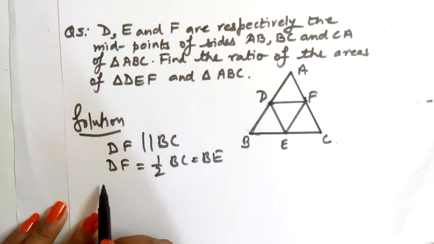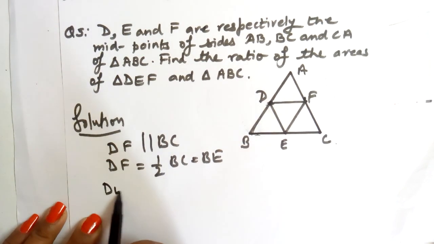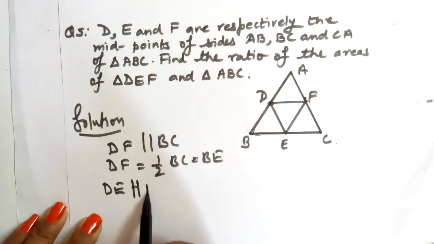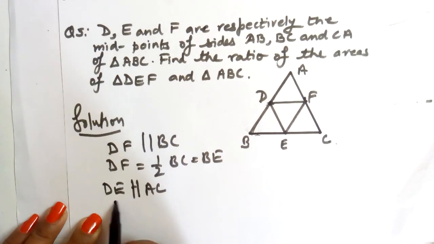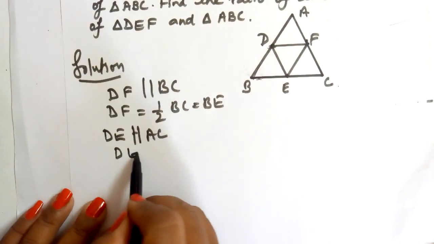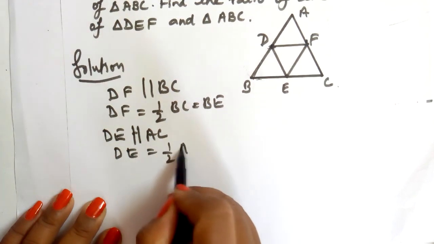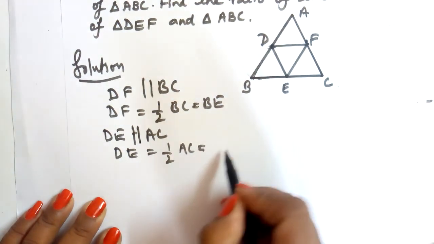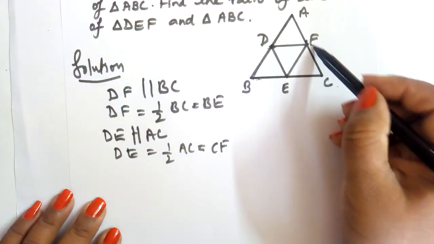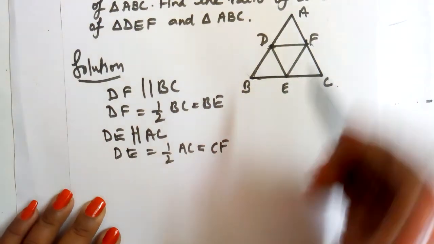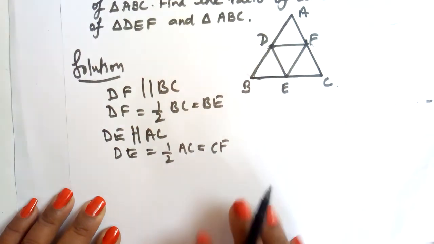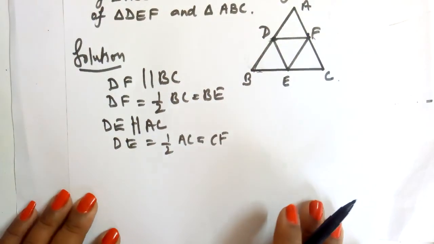Similarly, DE is parallel to AC and DE is equal to half of AC, that is equal to CF, because we need that CF. DE is also equal to AF. The same goes for every one of the three sides.